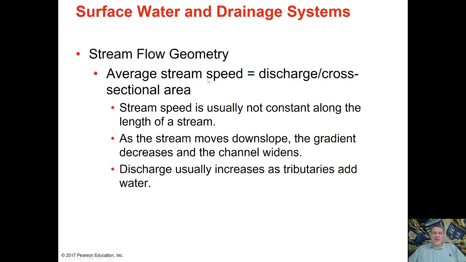Notice that the average stream speed is proportional to discharge. In other words, the greater the discharge, generally the faster the stream speed. But it is inversely proportional with the cross-sectional area. So the wider the stream is, the slower the stream speed tends to be.